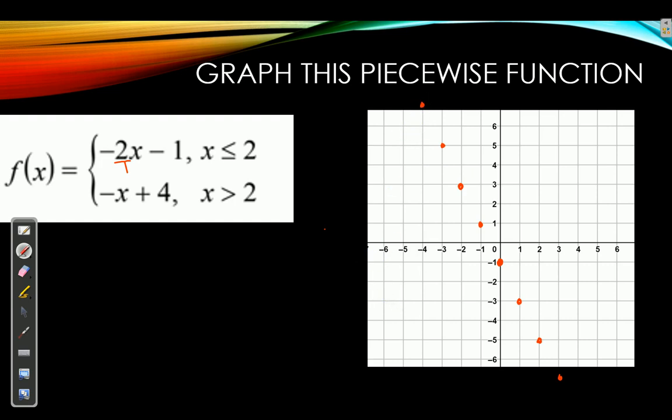Now the key here is that we're only going to color these in for x values less than 2. So starting at 2, I'm only going to color to the left, not to the right. So here, starting at 2, I'm going to color in or draw the graph going to the left. So that is everything this way.